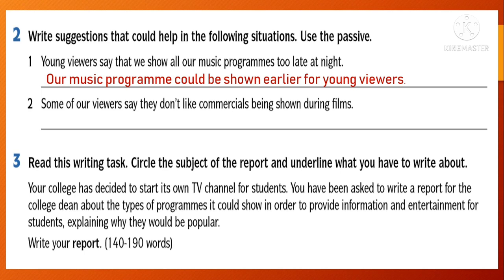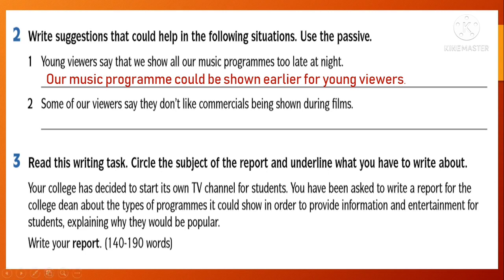Alright, so now please have a look at activity 3. Read this writing task, circle the subject of the report, and underline what you have to write about. So there are 2 parts to the task.